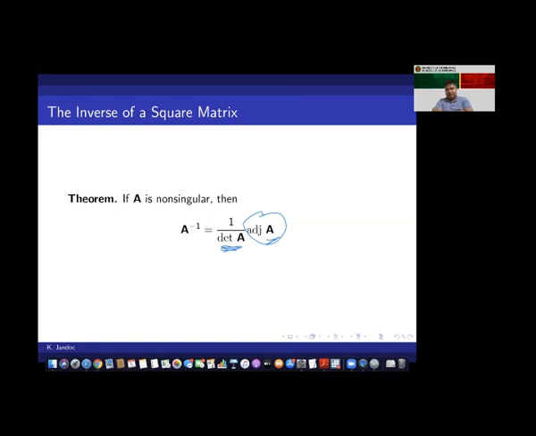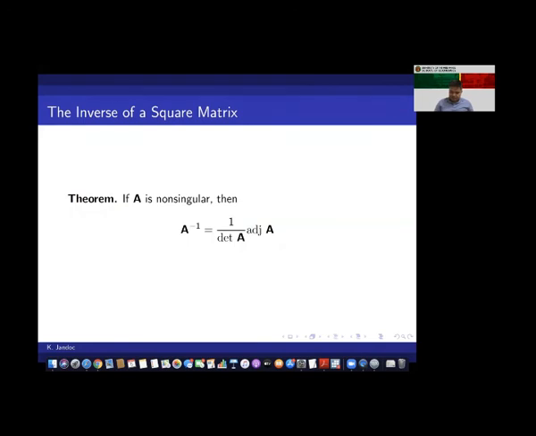Because if the determinant of A were 0, if it's singular, then this would not exist. 1 over 0 would not exist. So this is a scalar. Good. So that's how you find the matrix which is the inverse of A.